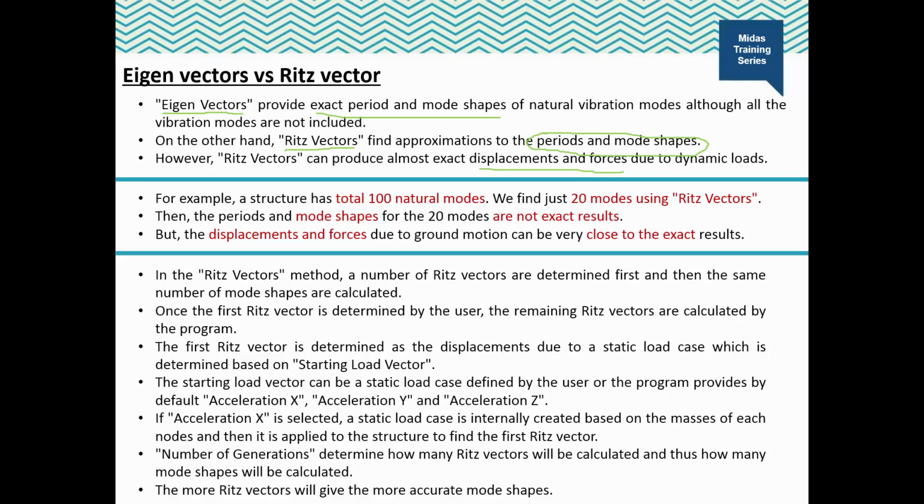The results we are interested in, displacement and forces, will be almost exact using the Ritz vector. And since we are using only 90 vectors, the analysis time will be very less. We will also compare the analysis time in the next slide.